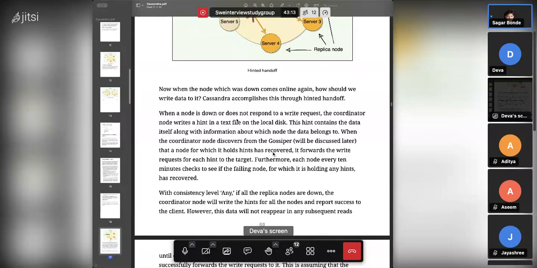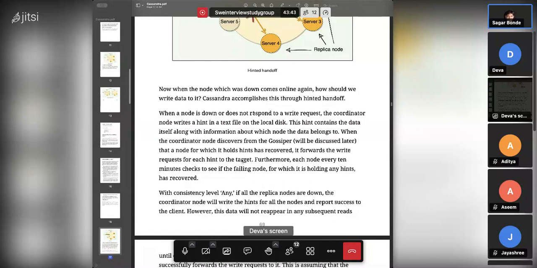Whenever the coordinator knows that the node has recovered, either the coordinator pushes it itself or the replica which was offline pulls it. We are not sure whether it's a push or pull. So here, in the next line from the gossiper, it says that when the node for which it holds hints has recovered, it forwards the write request for each hint to the target.